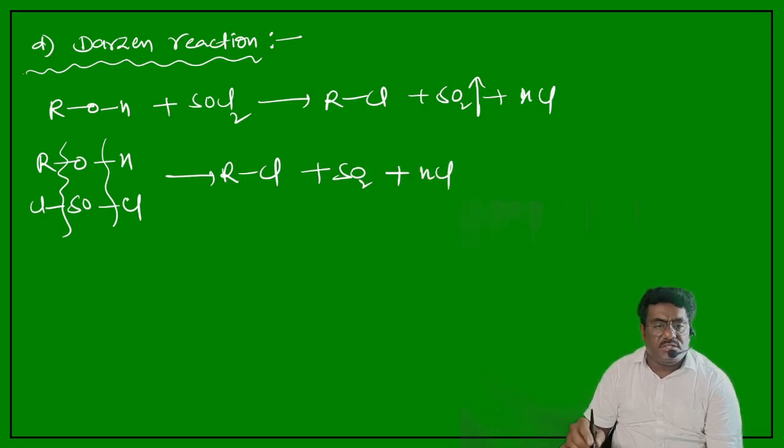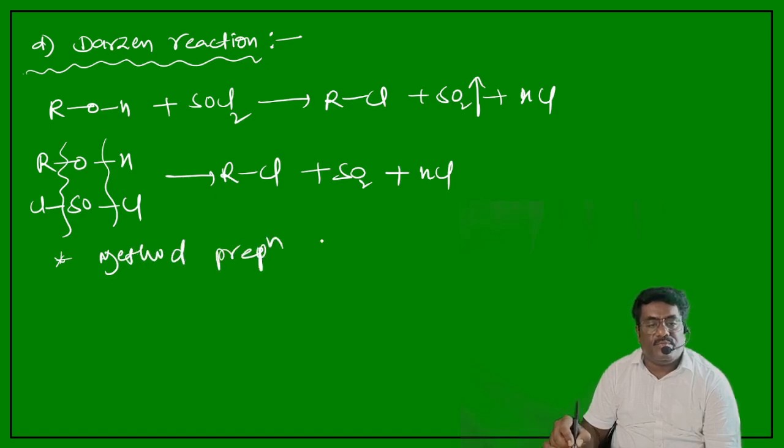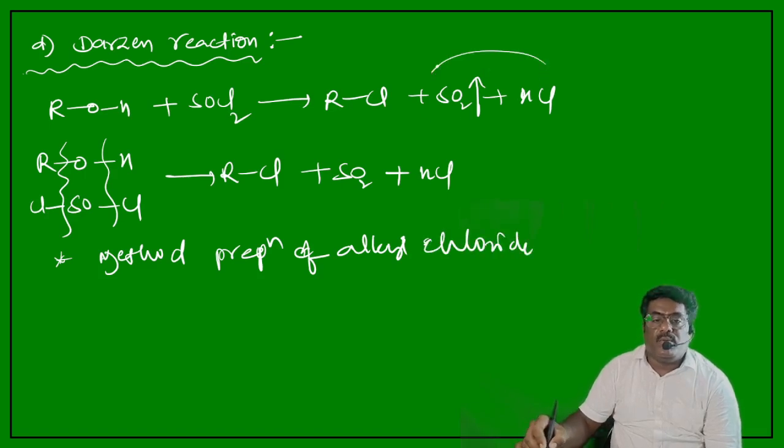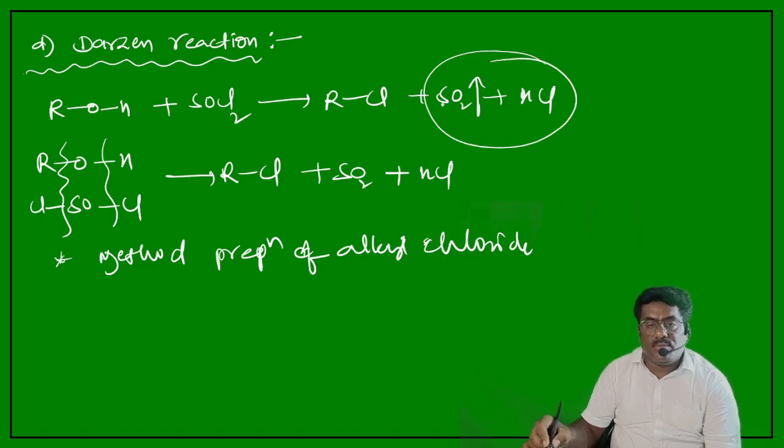This is the best method for preparation of alkyl chloride. Why? Because the byproducts are gases, so they can easily be removed. We require the pure form of alkyl chloride.